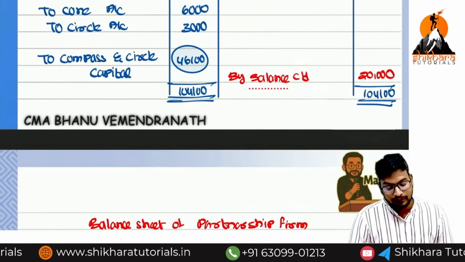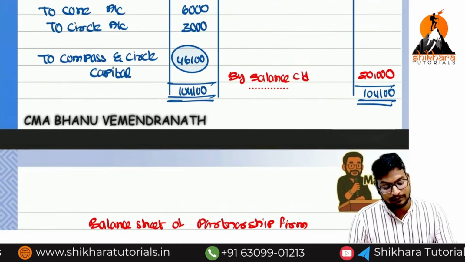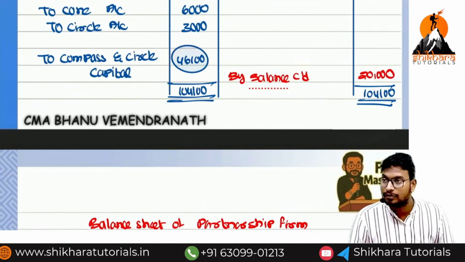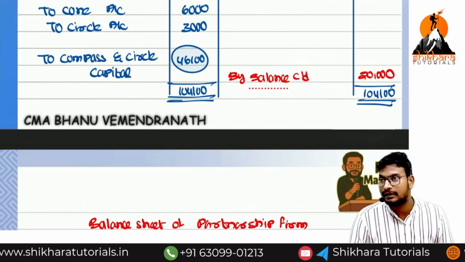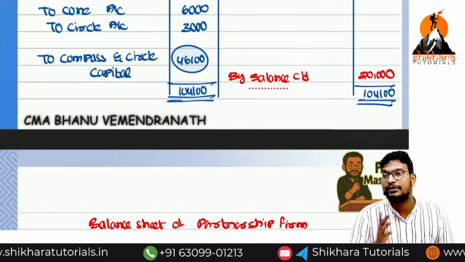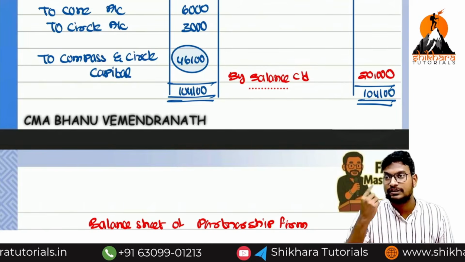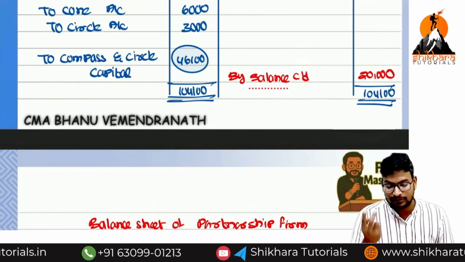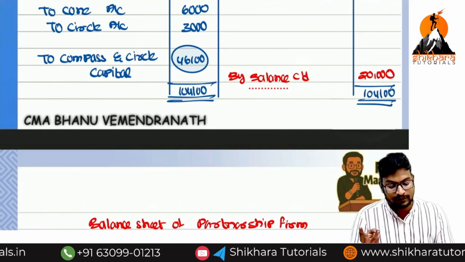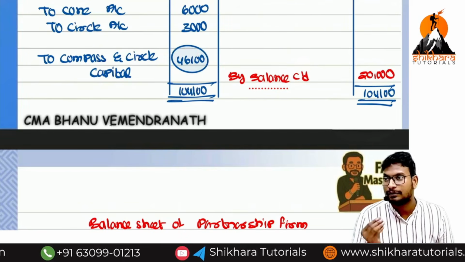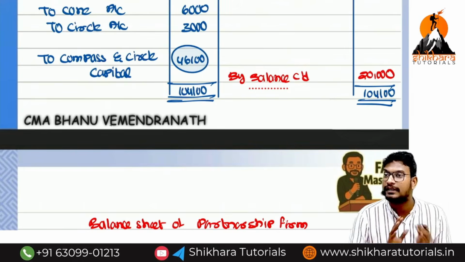Already the closing balance has come here. What is the meaning of this closing balance? 46,100 they need to bring, and again we need to see the closing balance of compass and circle. Closing balance of compass plus closing balance of circle plus 46,100, the total of all these gives the closing balance of capital.